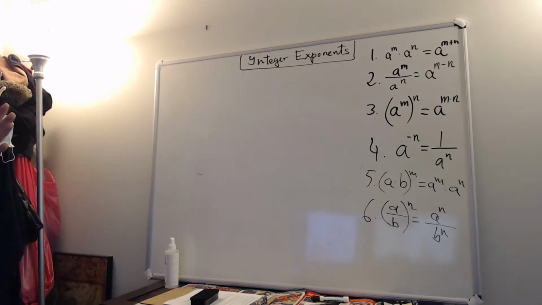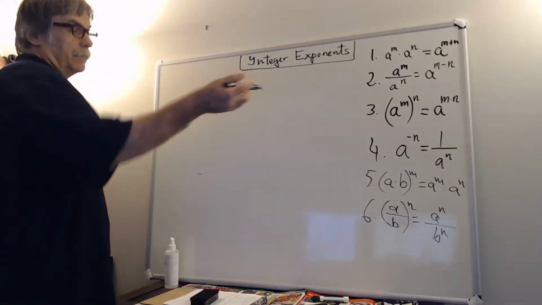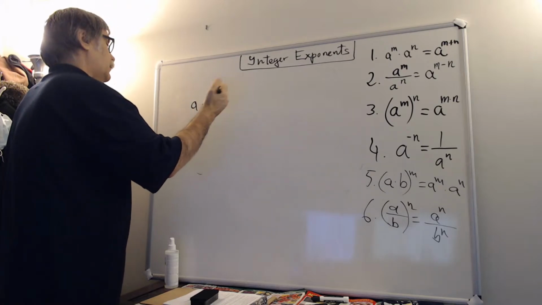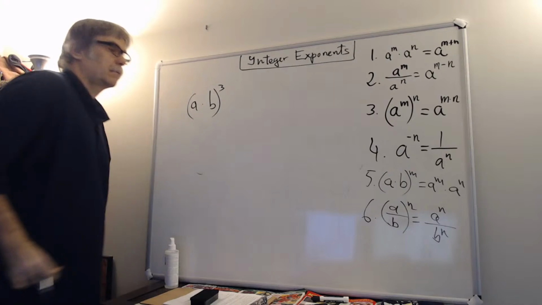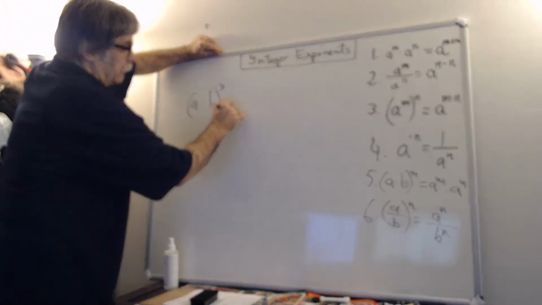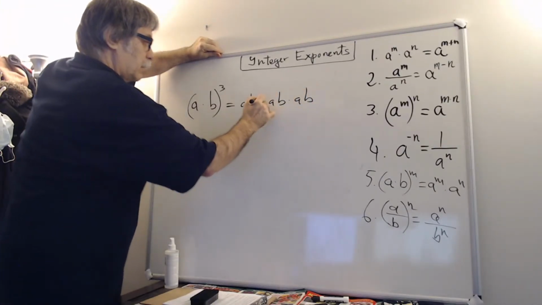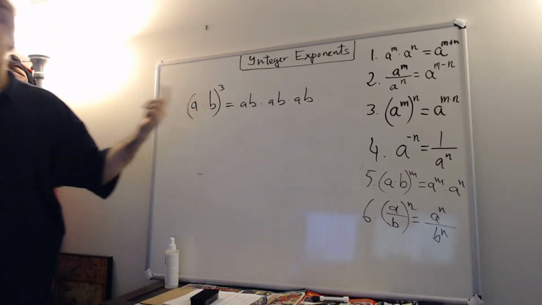Now let me tell you why this makes perfect sense. So you have, let's say, A times B, with the power of 3. Now the meaning of this, the idea of this, is you have AB, AB, AB, and you have to multiply that. But that's a cube, right? Cube, that's how it's called.